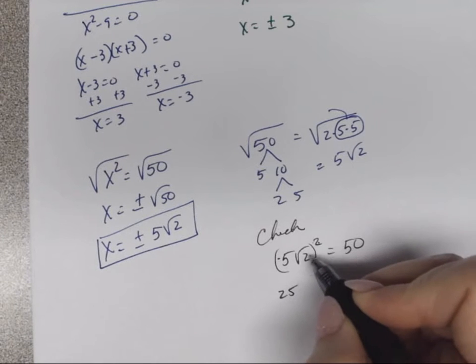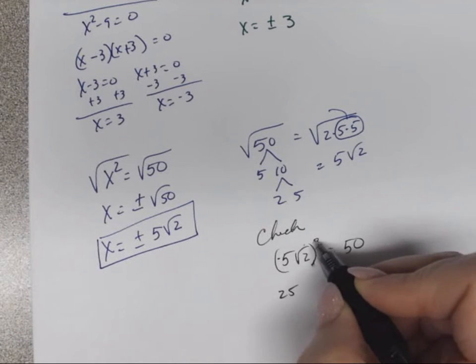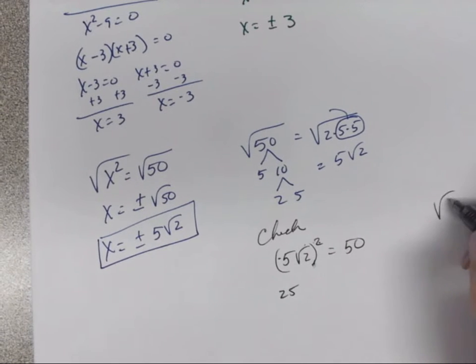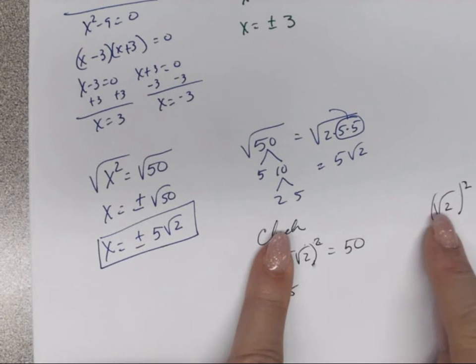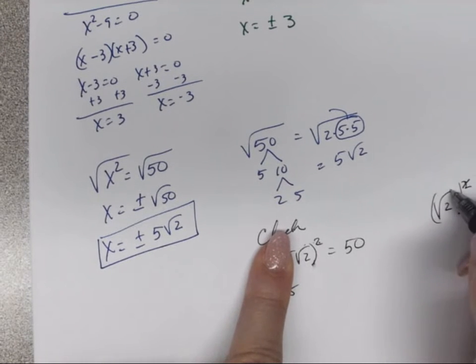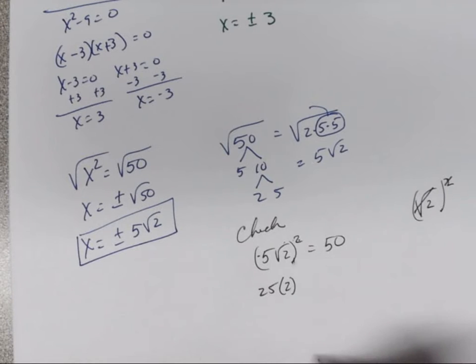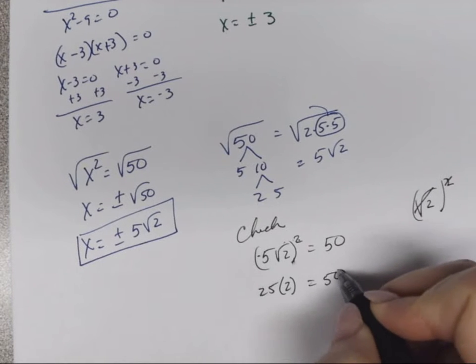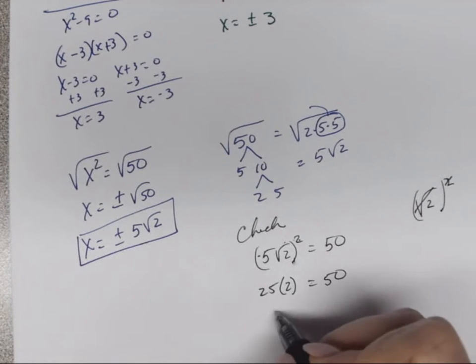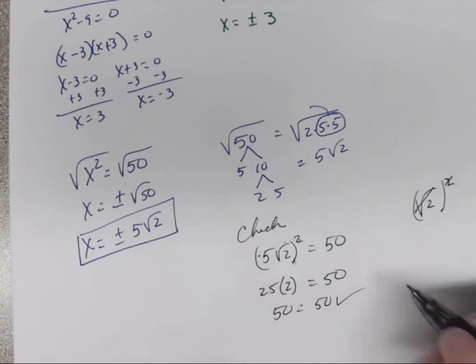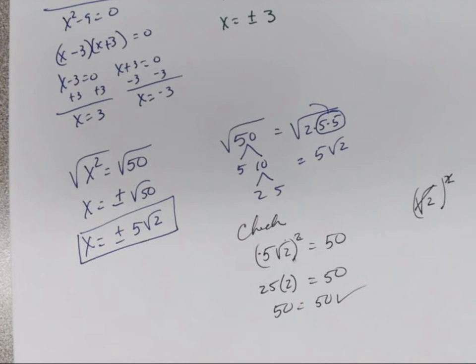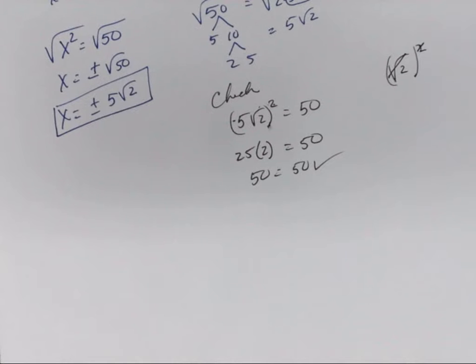And squaring the square root, let's put that over here. If I square a square root, and I'll put the 2 in there just so you know that's what I'm pulling over, the squaring takes care of the square root. So you'll just be left with the 2. So it'll be 25 times 2, which is 50. 50 equals 50. So it checks, and you can do that on all of them. I'm not going to, but you could.